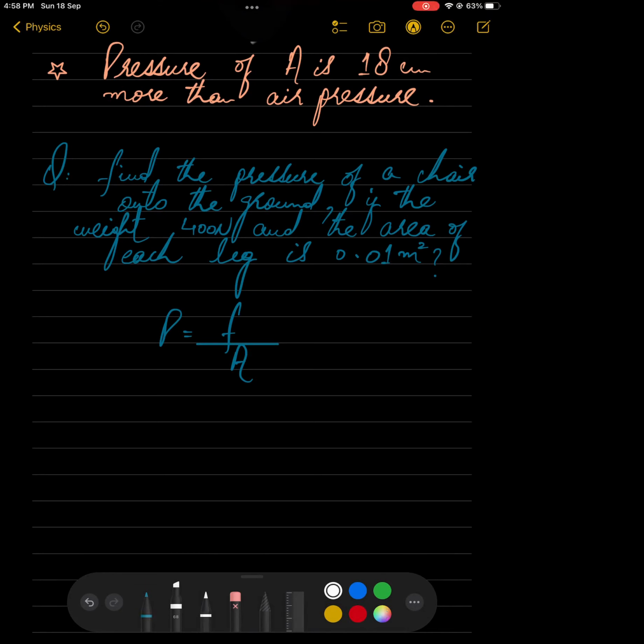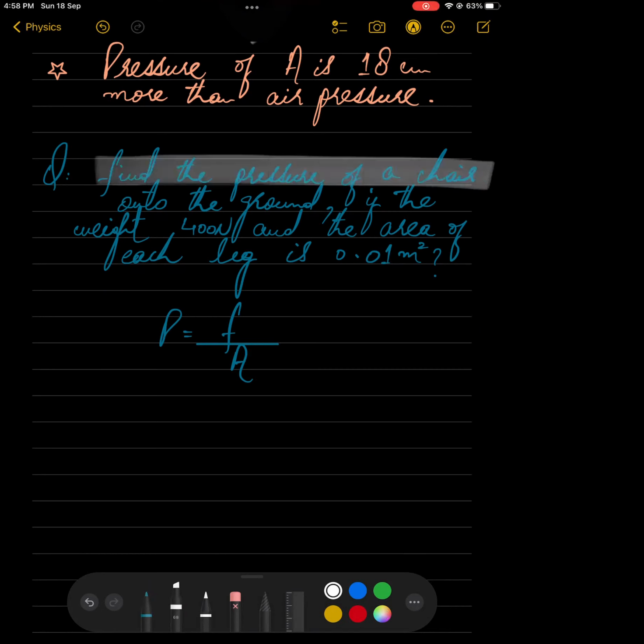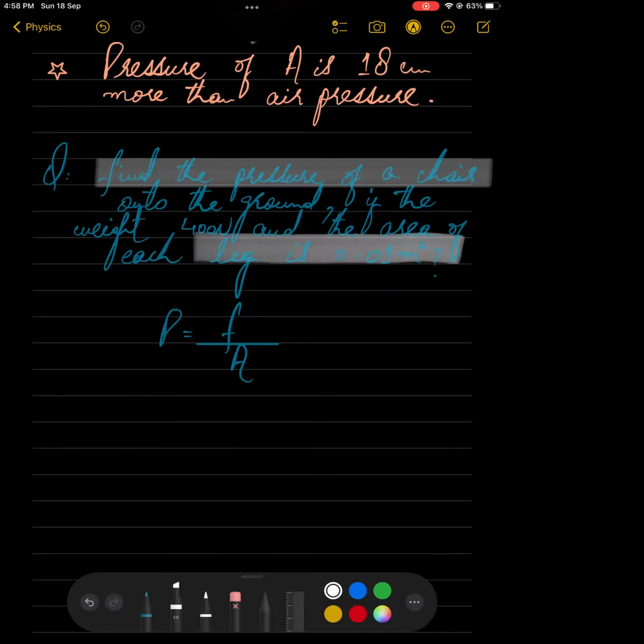We are asked to find the pressure of the chair, the whole chair, and the area given to us is of a single leg. We have been provided with the area of single leg. Most students made the mistake that they placed the force as 400 and the area as 0.01. Now this is a mistake.